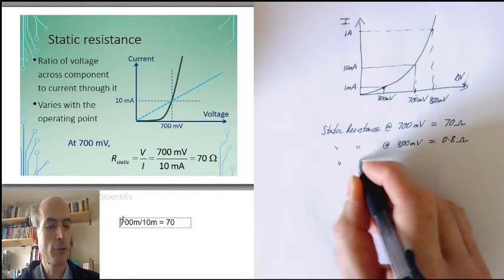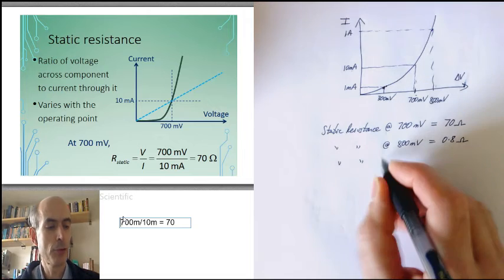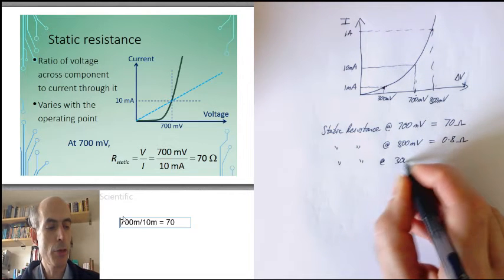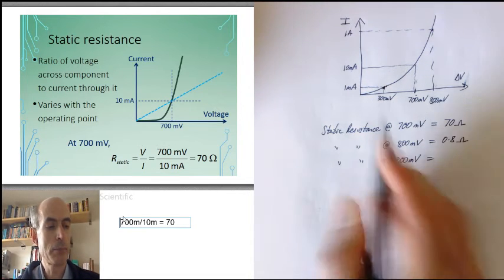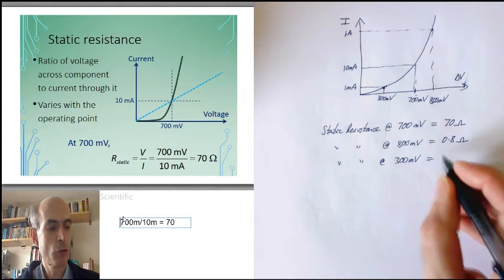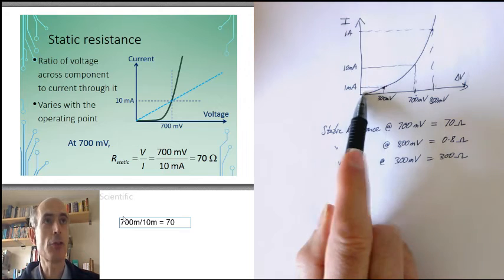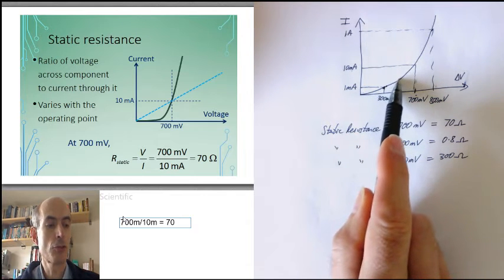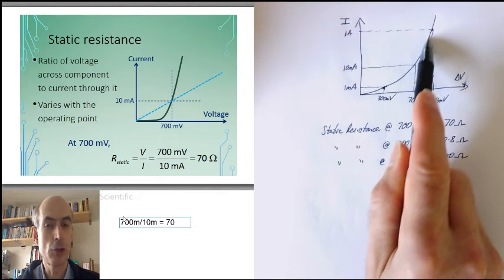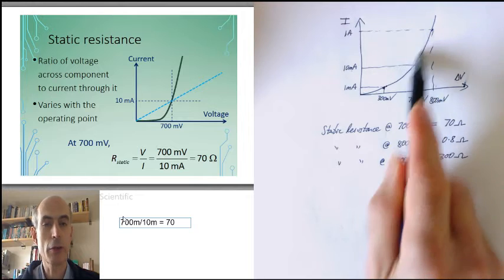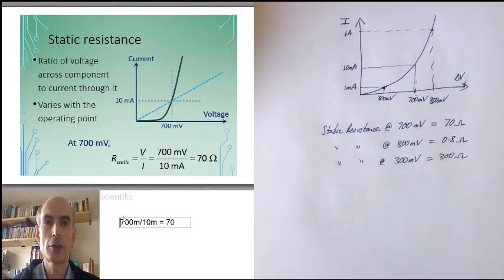And the static resistance at 300 millivolts would be 300 millivolts divided by 1 milliamp, which is 300 ohms. So you can see that the static resistance is getting much smaller as the voltage across the diode and the current flowing through the diode are increasing.